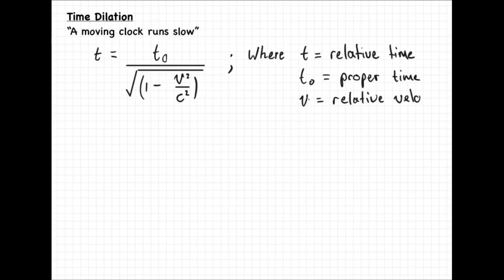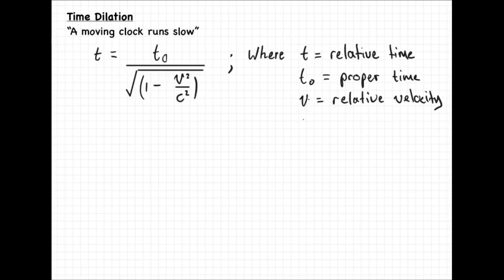And I'll remind you that when we talk about relative velocities, we need to make sure that the velocities we're discussing are actually relativistic. That is to say, they are fast enough that relativistic effects come into play, okay? Otherwise, just use Newton's laws. They work perfectly. If we're moving slowly, Newton's laws are fine.